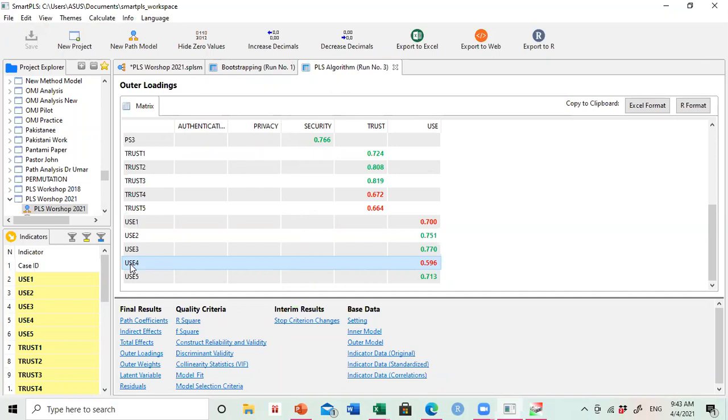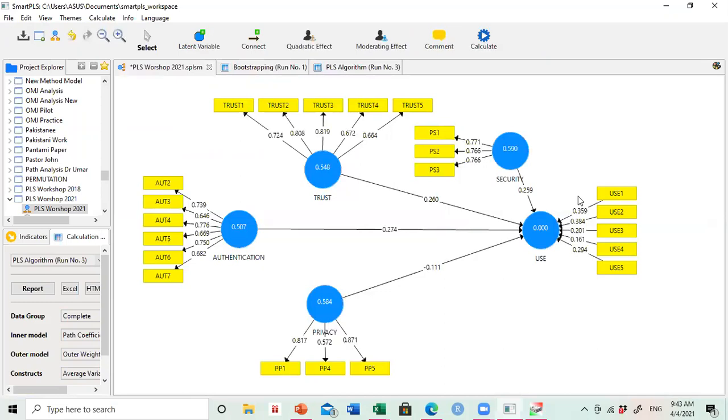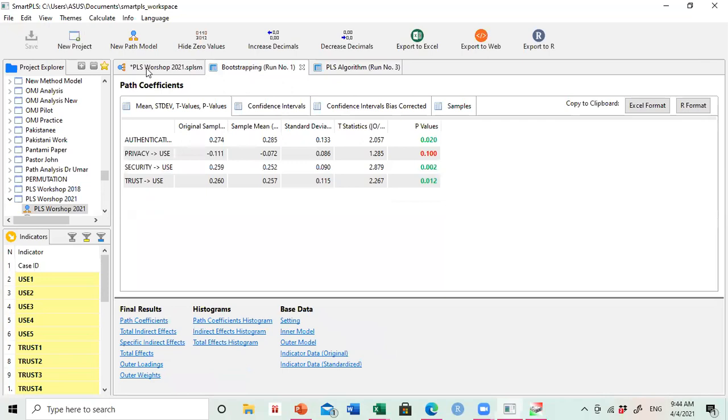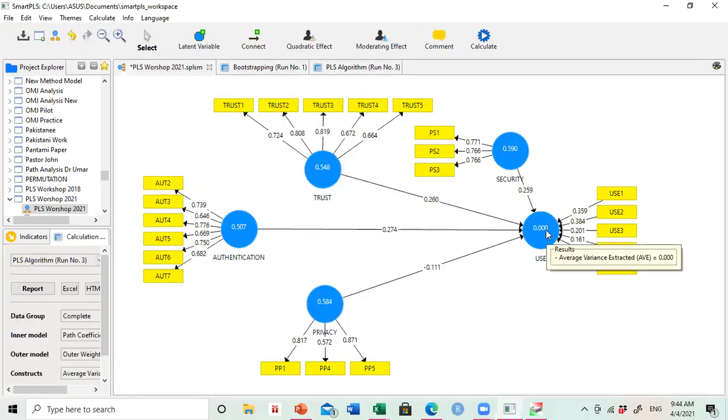So in this case, if we go back to our model, we found out that they are all okay in the first stage, but in the second stage, one of them has a loading below 0.6. In this case, we just have to leave them, according to another literature.